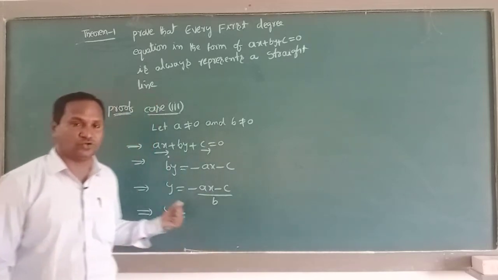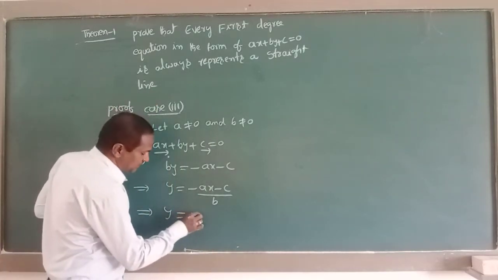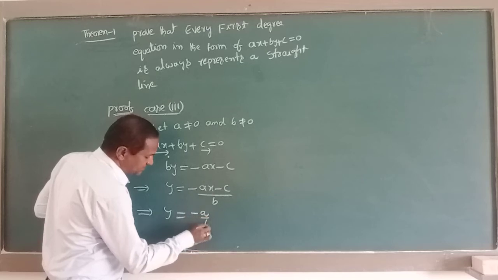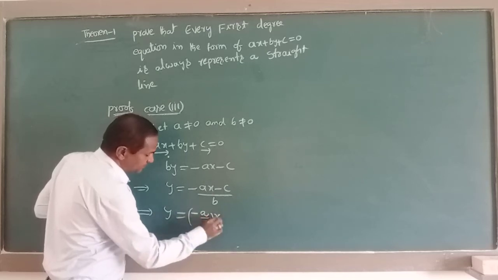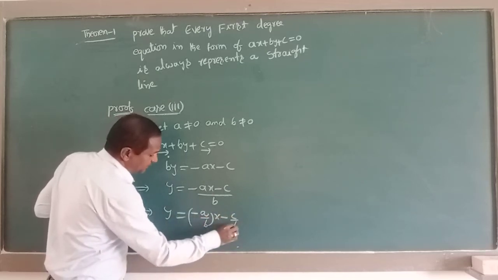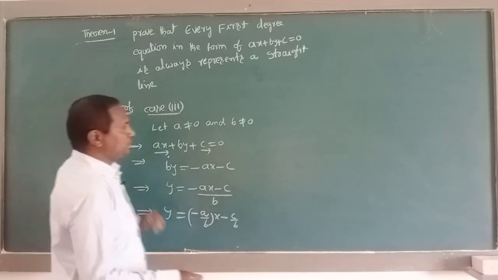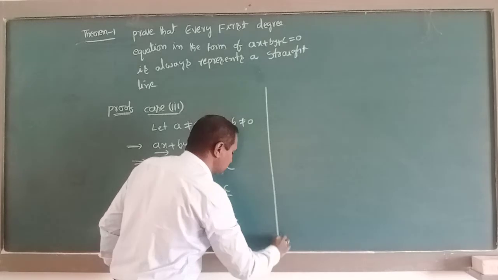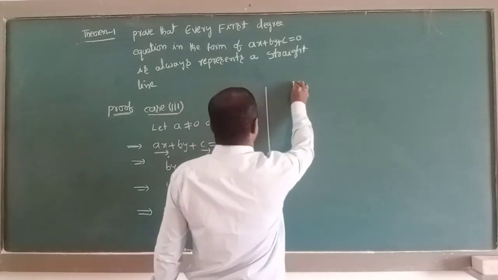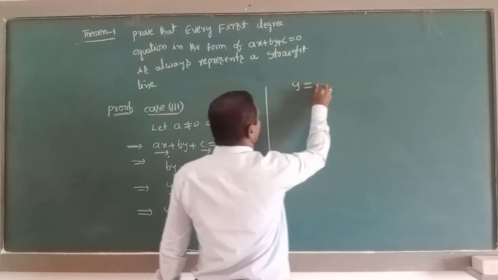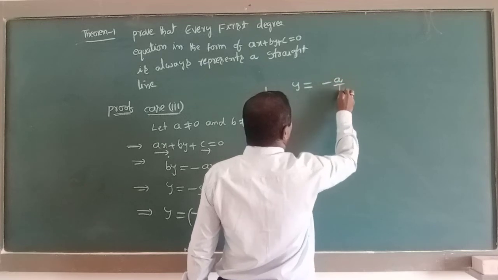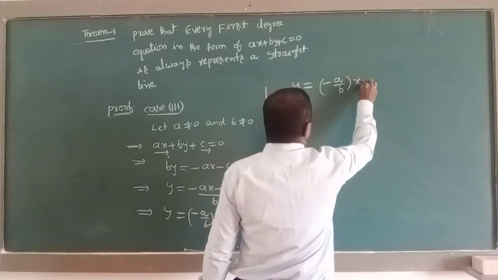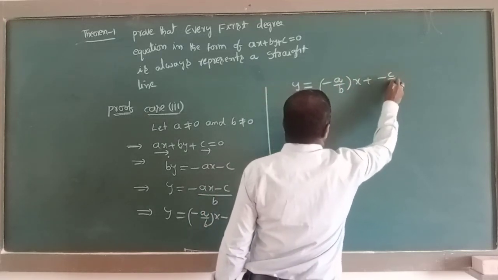At the same time, we separate the denominator over the terms of the numerator. How, I will show you. Minus a by b of x minus c by b. And also we can write it this way: y is equal to minus a by b of x plus of minus c by b here.